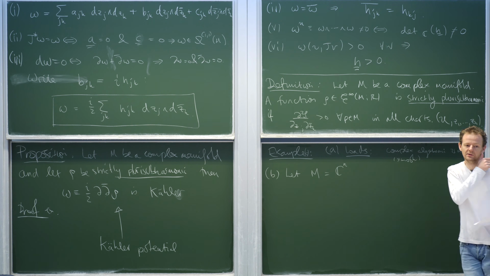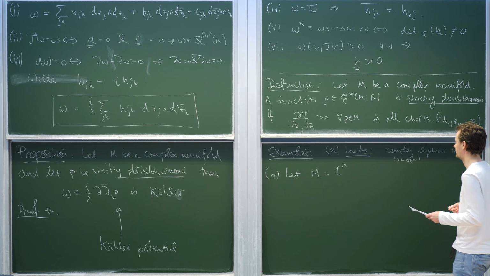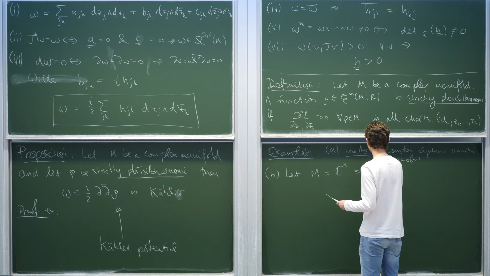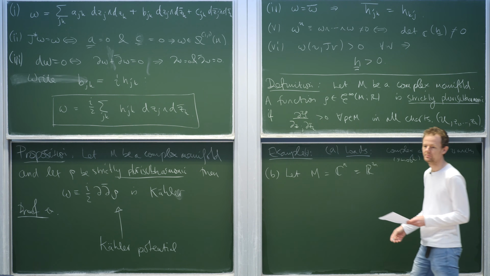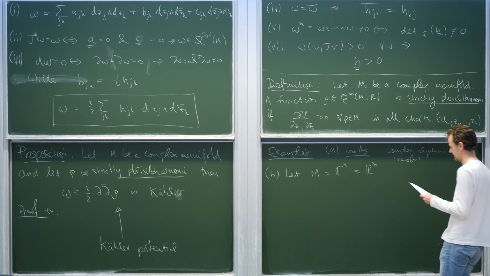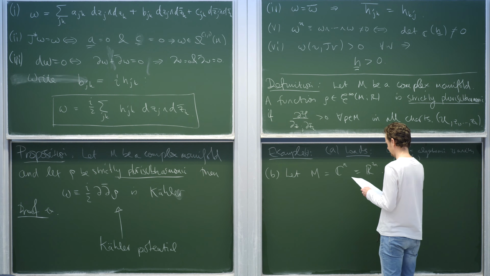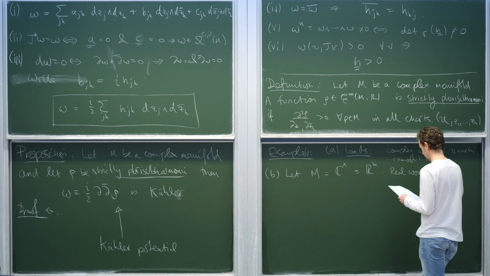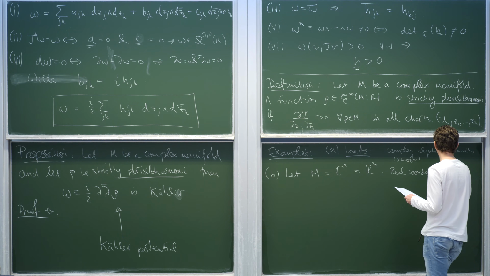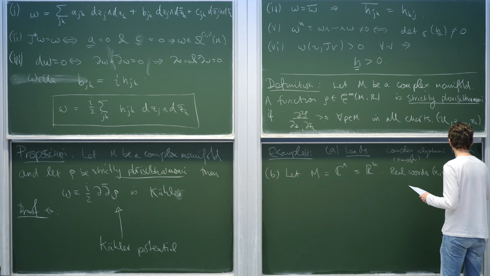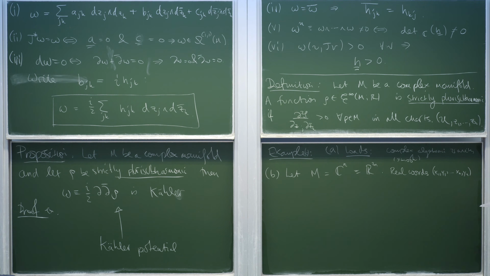The simplest example is that of just the complex numbers themselves. It better be that this most familiar of examples is a Kähler manifold. So this takes a coordinate chart.